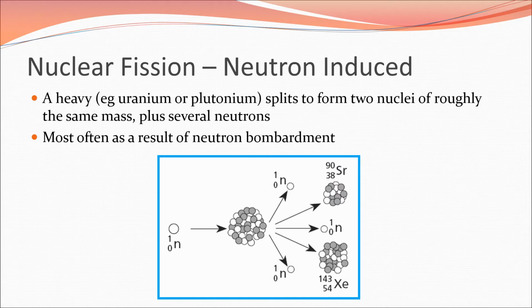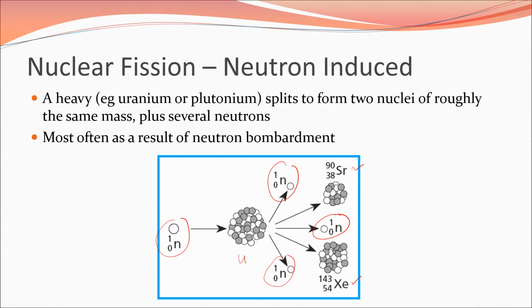So, neutron-induced nuclear fission. A heavy atom, so something like uranium, plutonium, think of your classic radioactive atom, will split in two to form two nuclei. So what we've got here's our uranium, for example. We have a neutron that collides with it and it splits up, and in doing that we have these two guys come out the other side, but we also have three neutrons given off as well.